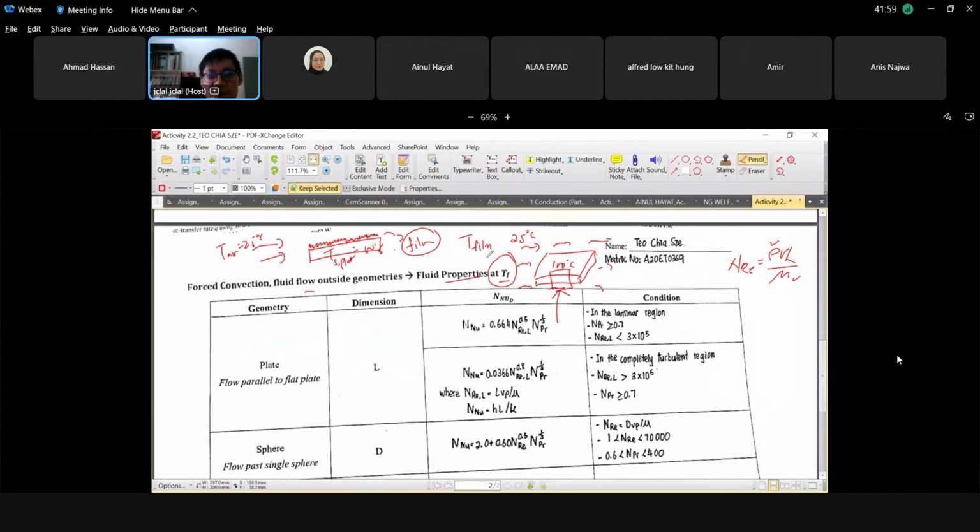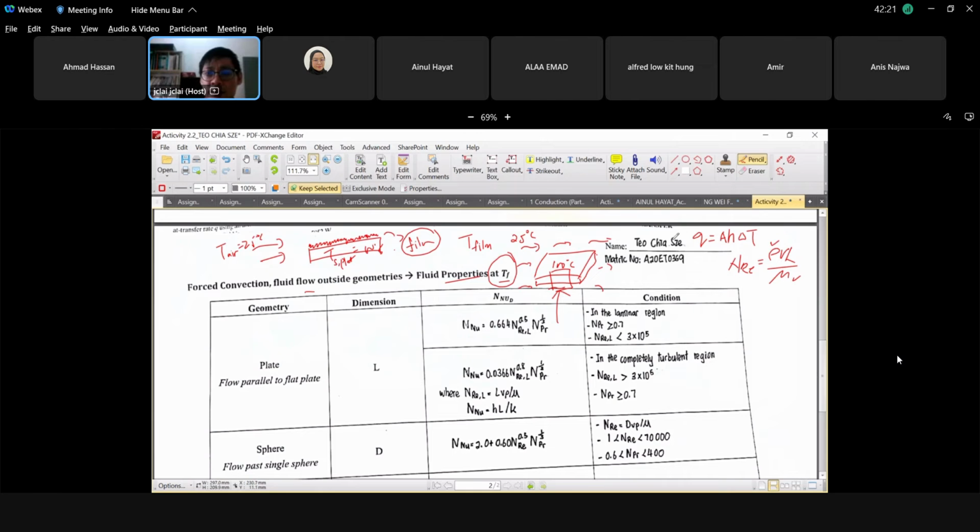So that's why scientists give a name to this temperature, okay? Because now the surface we are interested in is this surface, right? Because you know Q for convection is A, surface area, h, delta T, right?